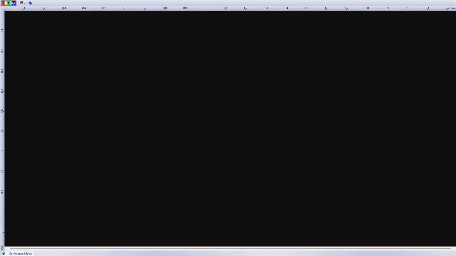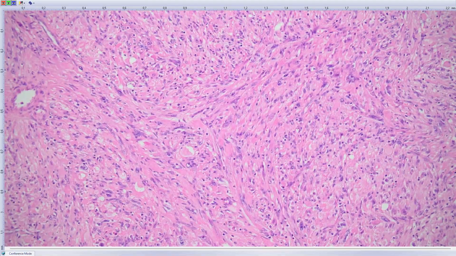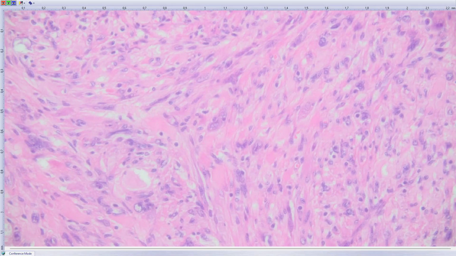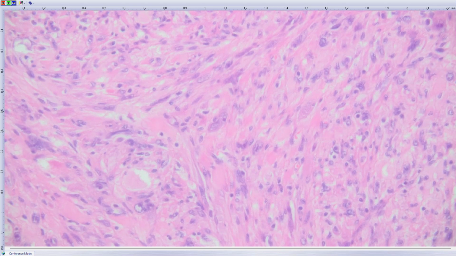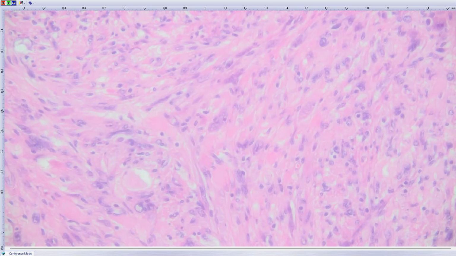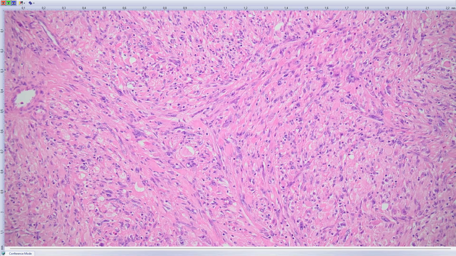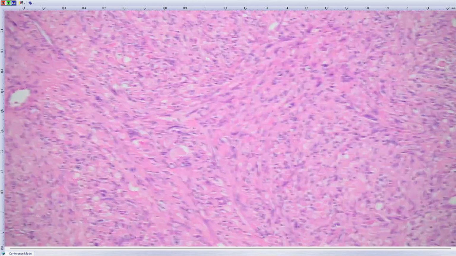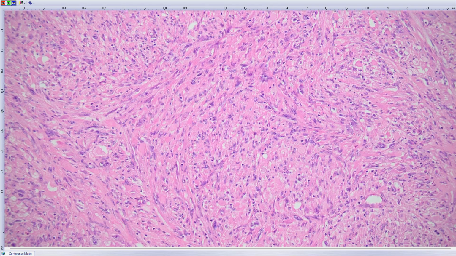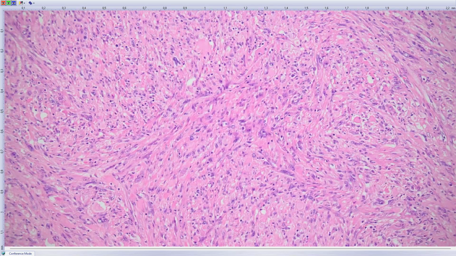There are typically no necroses, and it's usually well circumscribed, sometimes even encapsulated. And in this area, you can see a very classic cytology, these epithelioid cells with glassy, very prominent eosinophilic cytoplasm, and prominent pleomorphism. So superficial CD34 positive fibroblastic tumor.